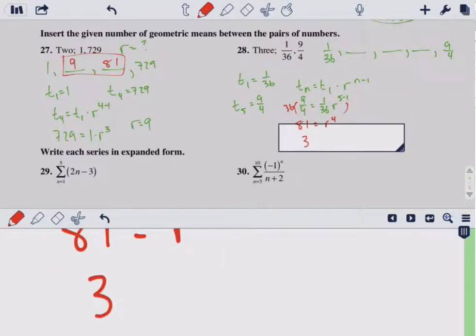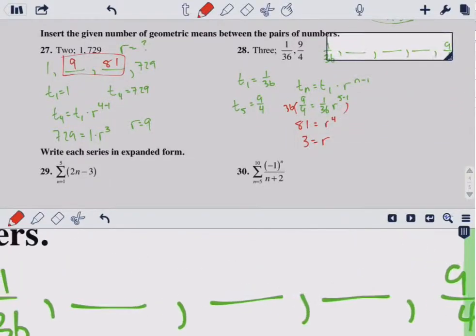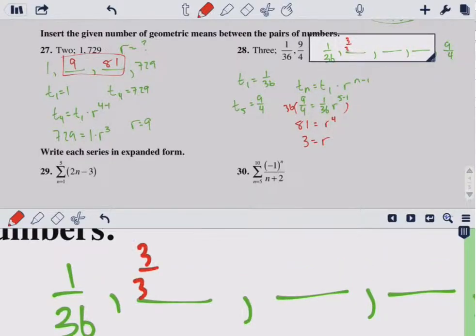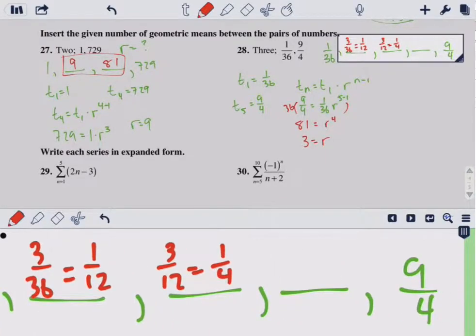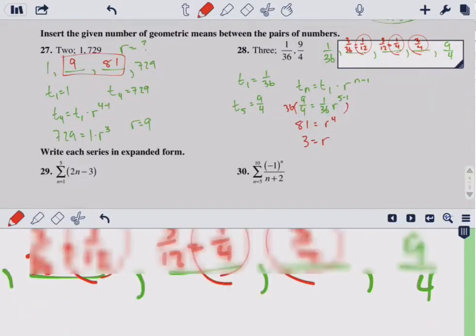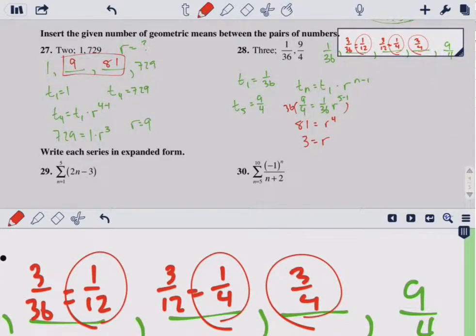So I get 3 is equal to r. That means I multiply by r, so I get 3 over 36, or 1/12. Times 3, I get 3 over 12, or 1/4. Then I get 3 over 4. So again, that's 1/12, 1/4, 3/4, the three geometric means between there.